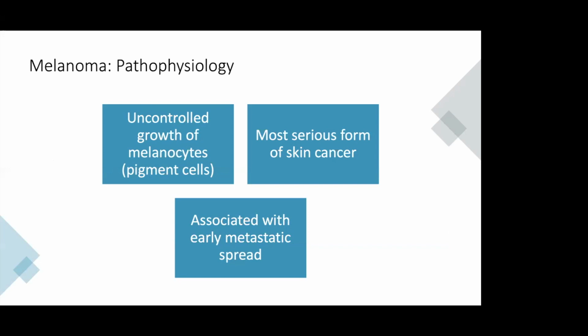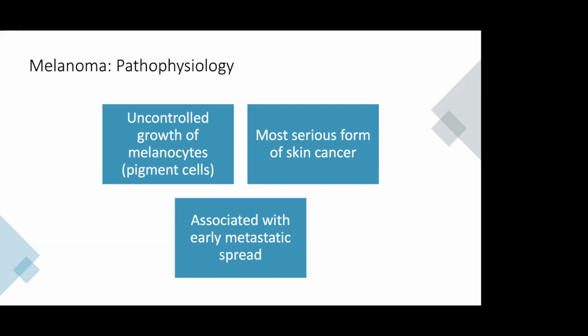And melanocytes produce a protein called melanin, which protects the skin cells by absorbing ultraviolet radiation. Now, non-cancerous growths of melanocytes result in moles, or what we call benign melanocytic nevi and freckles. The cancerous growths of melanocytes result in melanoma.